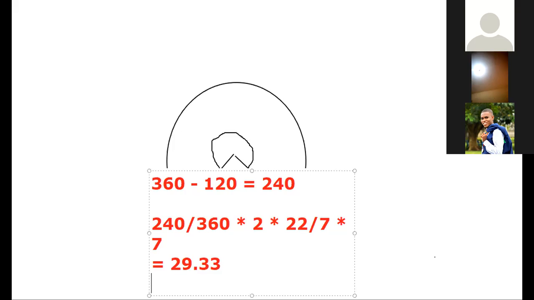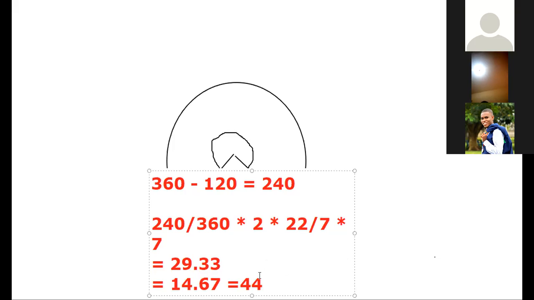And for the first one, we had what? 14.67. Adding this together, which is 29.33 plus 14.67, will give us what? 44. Is that okay? It will give us 44.